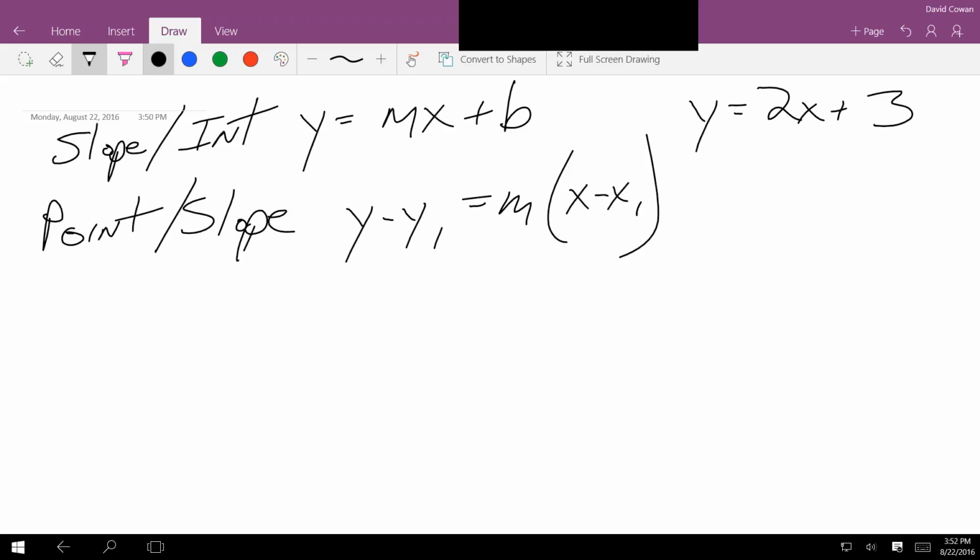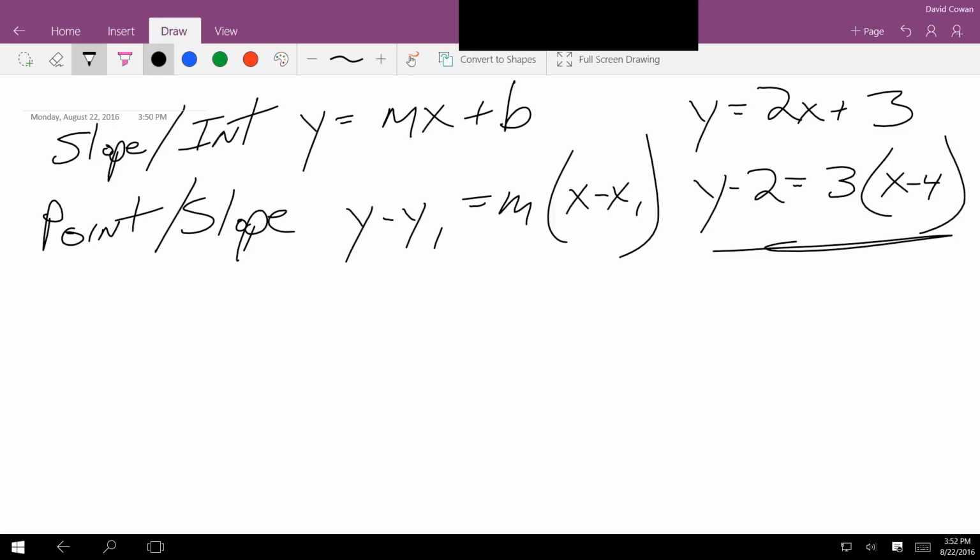For example, you might end up with something that looks like that. And furthermore, that's a valid answer. You don't need to simplify that. In other words, you don't always need to put answers in slope-intercept format. Point-slope format is a very valid format.